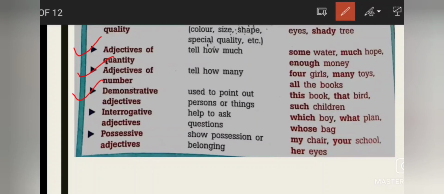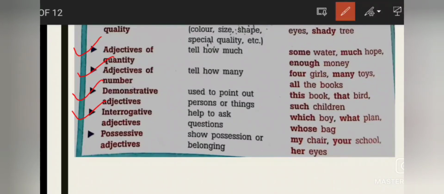Number 4. Demonstrative adjectives are used to point out persons or things. Examples: this book, that bird, such children. This, that, such are demonstrative adjectives. Number 5. Interrogative adjectives help to ask questions. Which boy, what plan, whose bag.